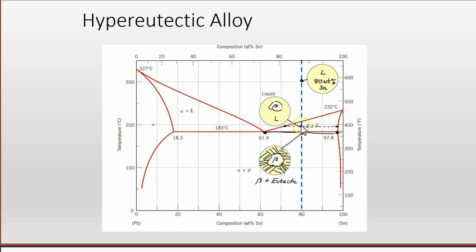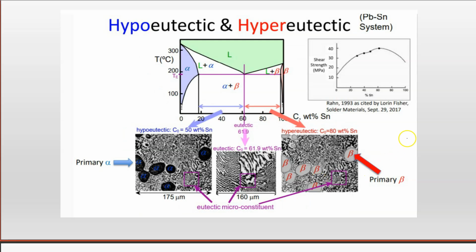And as we cool further, as we reach the eutectic temperature, we're going to have beta of 97.8% tin composition in equilibrium with the liquid at the eutectic composition. And once we cool down, we will get beta in a matrix of eutectic. This is shown in this diagram here.